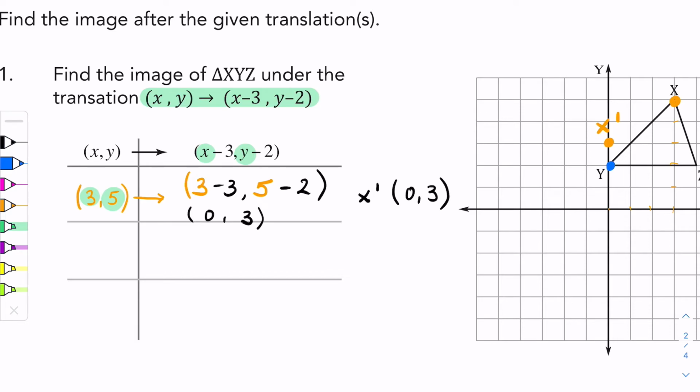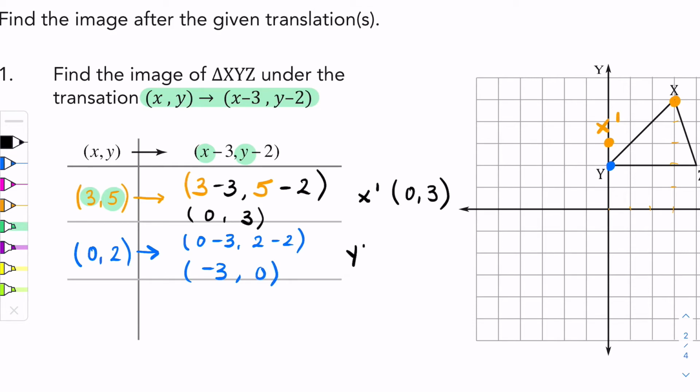Now I am going to do y, which is currently at 0, comma 2. When I apply my transformation rule, my x coordinate of 0, minus 3, and I have my y coordinate of 2, minus 2. When I simplify this, 0 minus 3 is negative 3, and 2 minus 2 is 0.